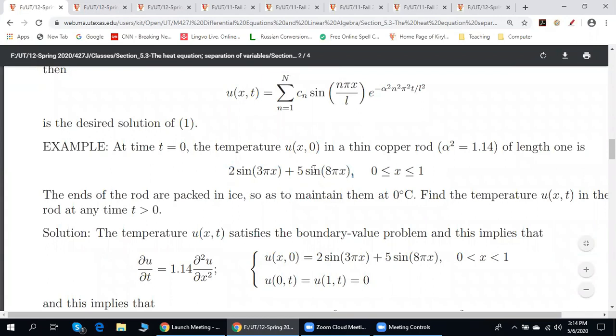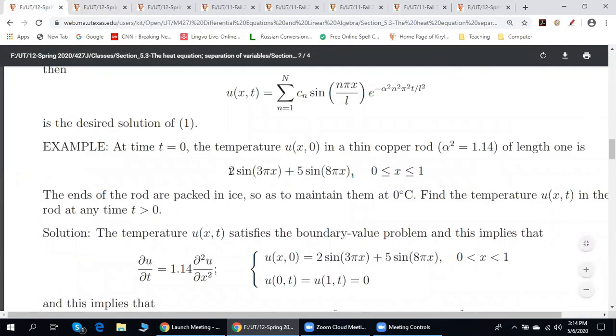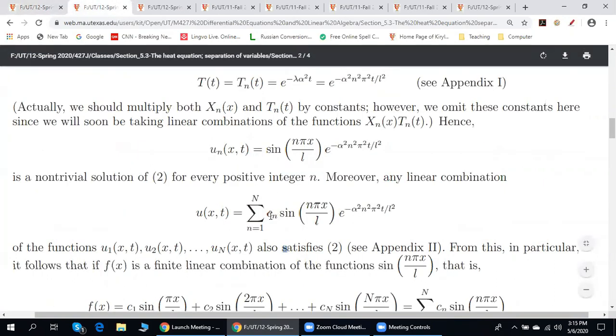Therefore, if you set in this formula C1 is 0, C2 is 0, C3 is 2, and then C4, C5, C6, C7 are 0, but Cx is 5. And if all other C's are equal to 0, then this is equal to this.